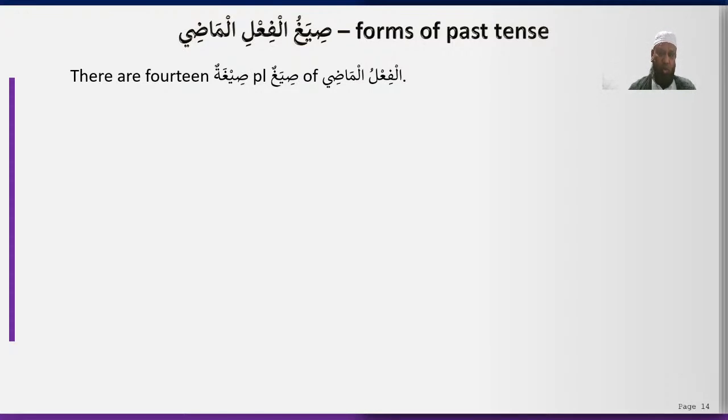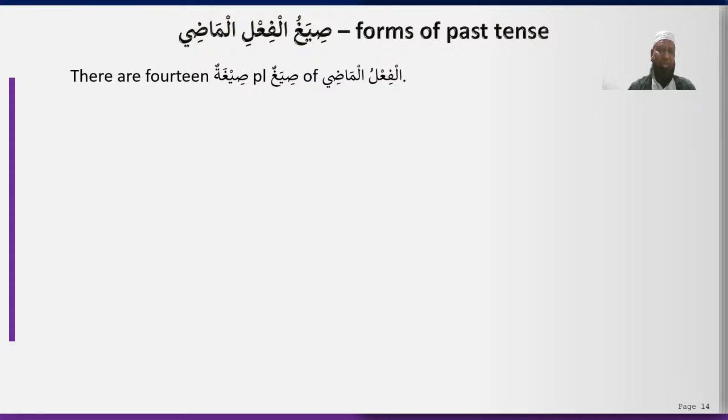See, we take one word and we change the different forms to give us different meanings. This is what sarf is. From one word you can make different forms to give you different meanings.